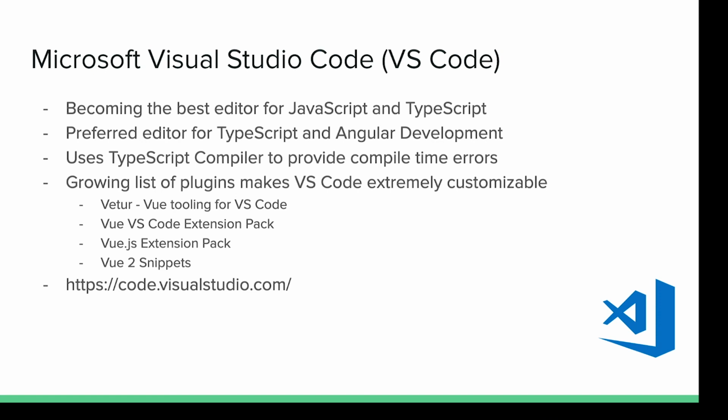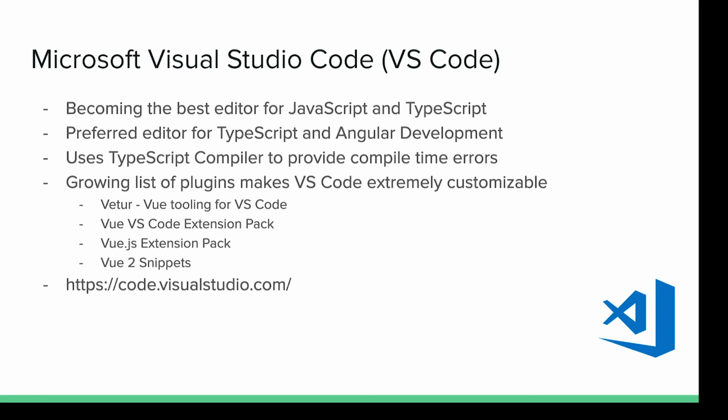So, where do you get all these awesome features? Where is this compiler? Where do you see this? Well, I'm sure plenty of you have heard of it, but it's Microsoft Visual Studio Code. That's what all of my front-end devs and myself use, and even some of the QA members are starting to warm up to it. Oscar, I'm looking at you. But it is honestly, in my opinion, the best editor for JavaScript and TypeScript.